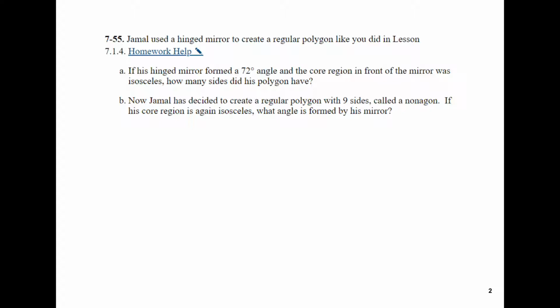755. Jamal used a hinged mirror to create a regular polygon like you did in lesson 7.1.4. If his hinged mirror formed a 72-degree angle and the core region in front of the mirror was isosceles, how many sides did his polygon have?